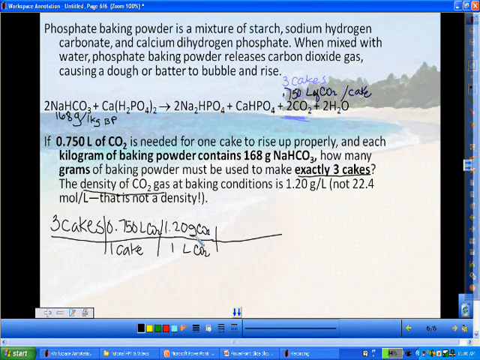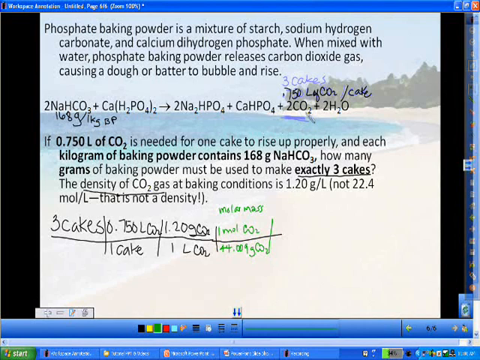Alright, now that we are in grams of carbon dioxide, we need to convert back to moles of carbon dioxide, and so we're going to use molar mass, and that has been calculated. 44.009 grams of carbon dioxide is equal to 1 mole of carbon dioxide.